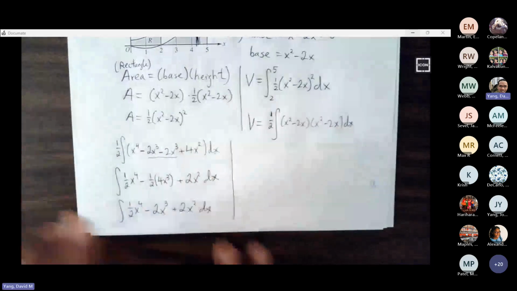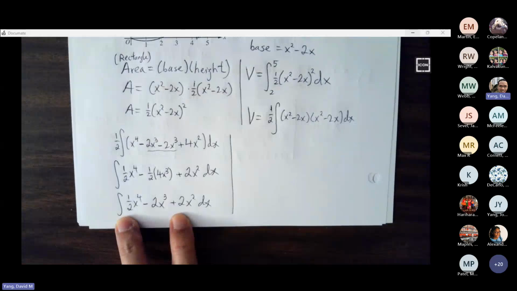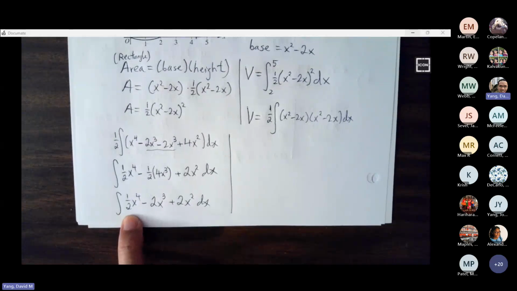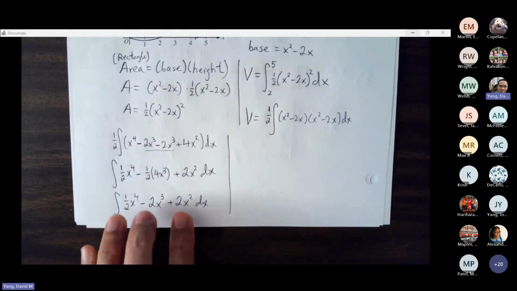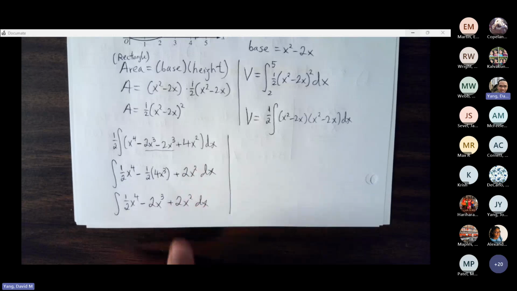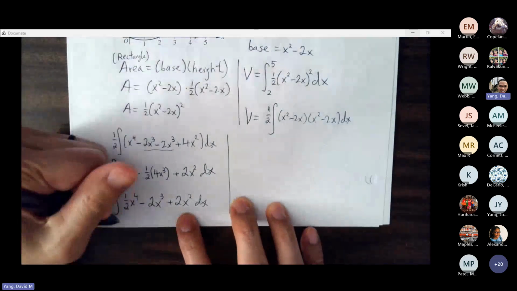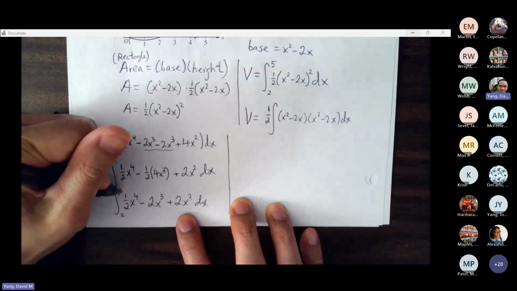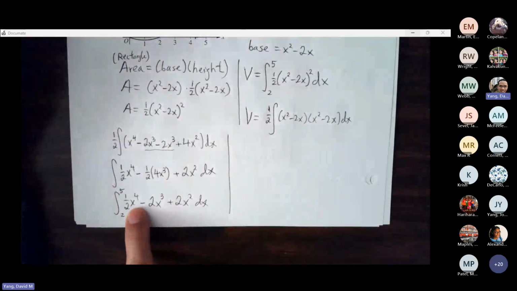Everything should be nicely cleaned up for me to jump into my power rule step. Power rule for each of my 3 terms. Once I go through power rule, I can do half bracket, and then I can work in my bounds from 2 to 5.